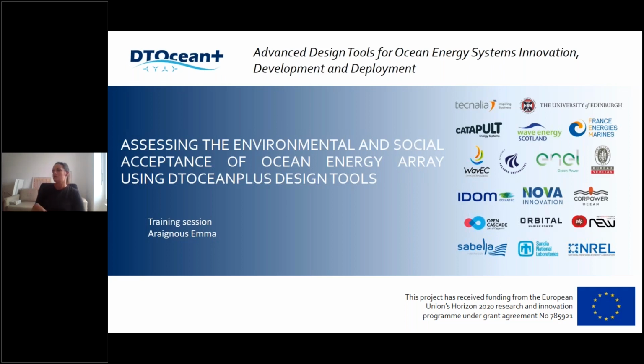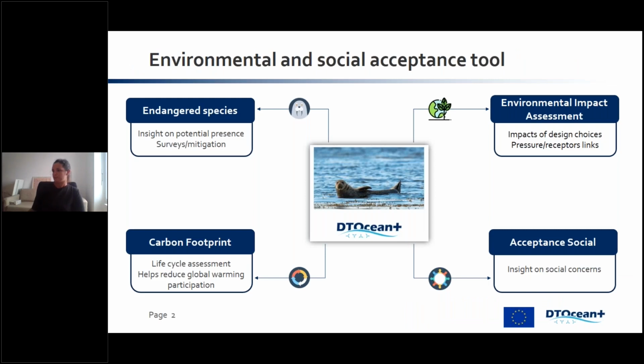The objective of the tool is to assess how all the choices made by the user in the design or the array configuration, etc., will have a potential impact on the environment at different levels, and how the user can act on these choices to lower those impacts. Globally, the results of the tool can be useful to help the decision-making processes concerning the choices that minimize the global environmental impact of an ocean energy project.